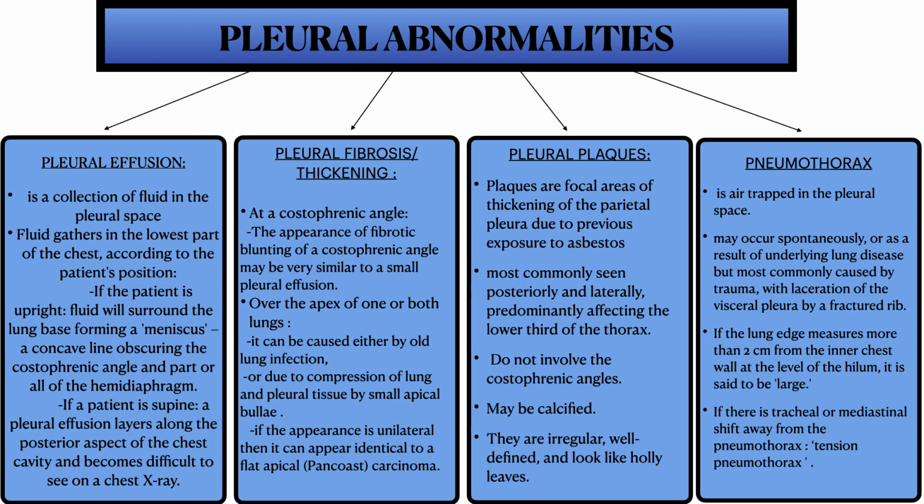If the lung edge measures more than 2 centimeters from the inner chest wall at the level of the hilum, it is said to be a large pneumothorax. And if there is tracheal or mediastinal shift away from the pneumothorax, then this pneumothorax is said to be under tension.